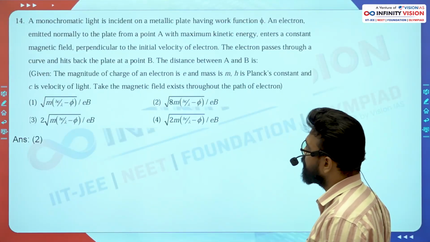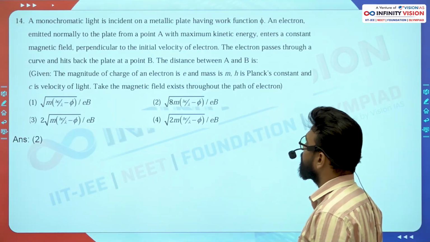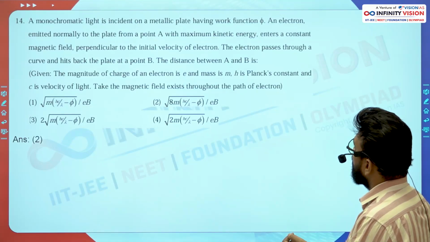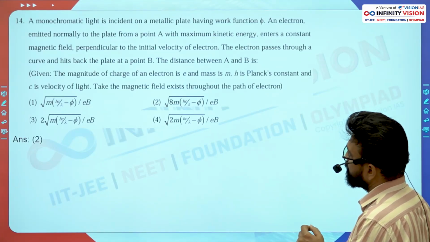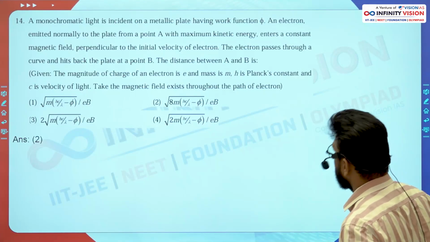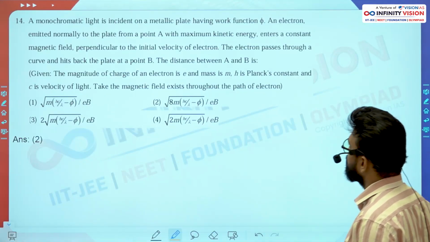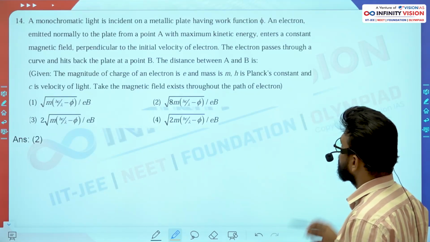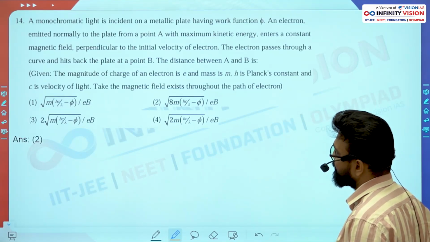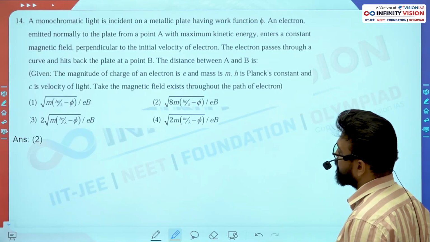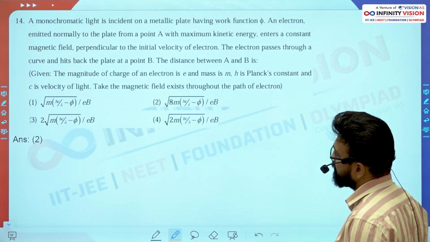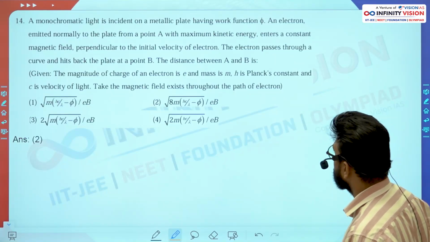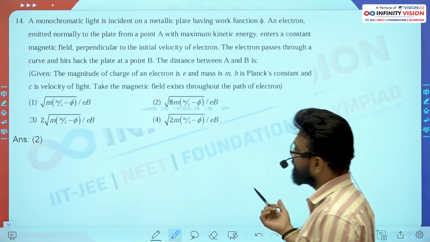Next, a monochromatic light is incident on a metallic plate having work function phi. An electron emitted normally to the plate from the point A with the maximum kinetic energy enters a constant magnetic field perpendicular to the initial velocity of the electron. The electron passes through a curve and hits the plate at a point B. The distance between points A and B is given, the magnitude of charge of the electron is e and mass is m, h is Planck's constant, and c is the speed of light.